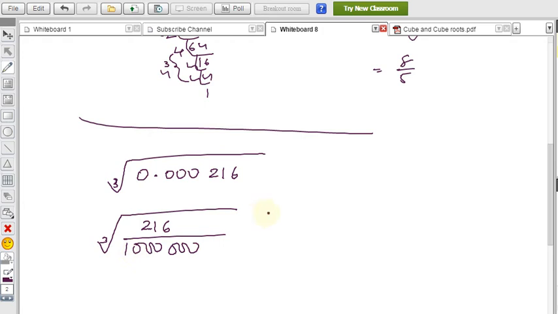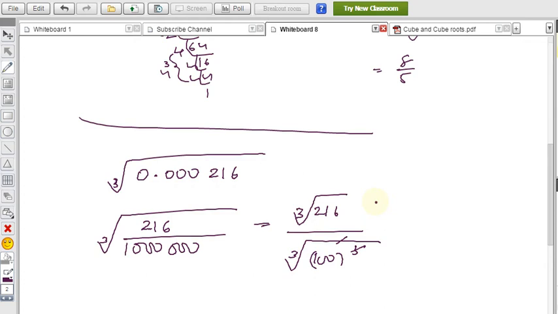So cube root of 216 by cube root of this 10 lakhs. We can write 100 cube, because 100 into 100 into 100 is 10 lakhs. Cube root gets cancelled. Even 216 also. 216 previously we did 6 into 6 into 6.